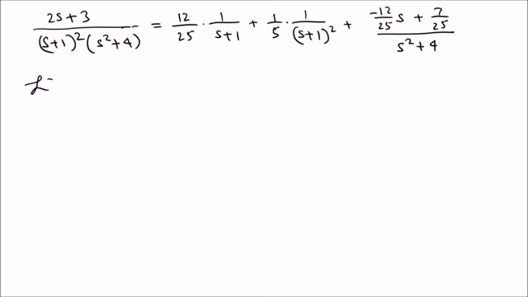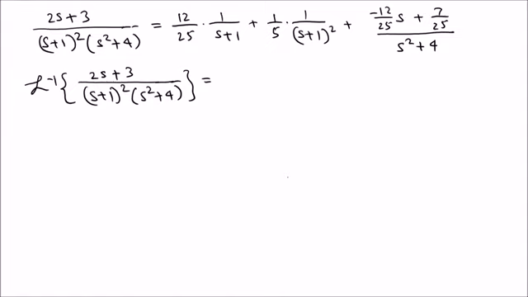So the inverse of this, (2s plus 3) over (s plus 1) squared times (s squared plus 4) equal, we're going to find the inverse of each term.